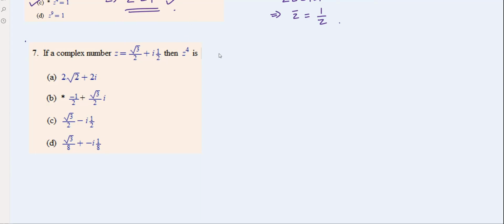This actually, if you remember cube roots of a complex number, cube roots of unity, this will be one of the cube roots transformed. Anyway, z is root 3 by 2 plus I times 1 by 2.